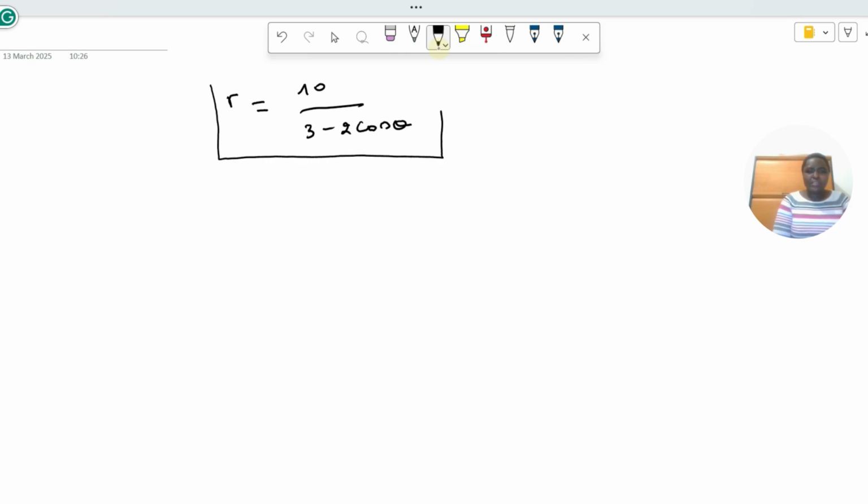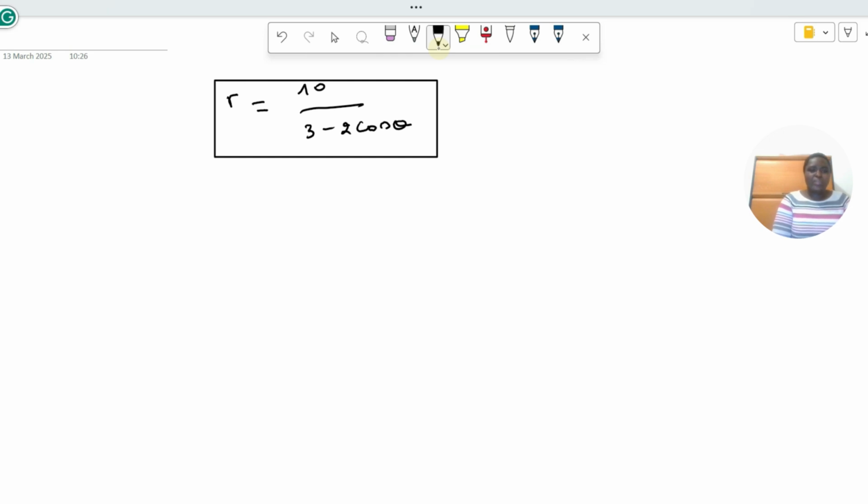All right, we are given a polar form of a conic to be R equal to 10 over 3 minus 2 times cosine theta. When we have a polar form of a conic like this, there are a number of things that we need to understand from this kind of conic.